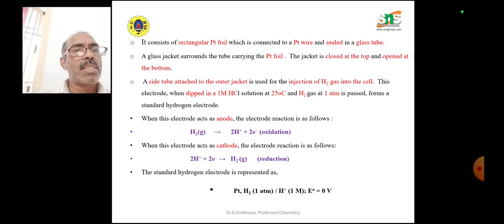SHE is represented as Pt, H2 (1 atmospheric pressure) | H+ (1 molar solution), and the electrode potential is 0 volt.